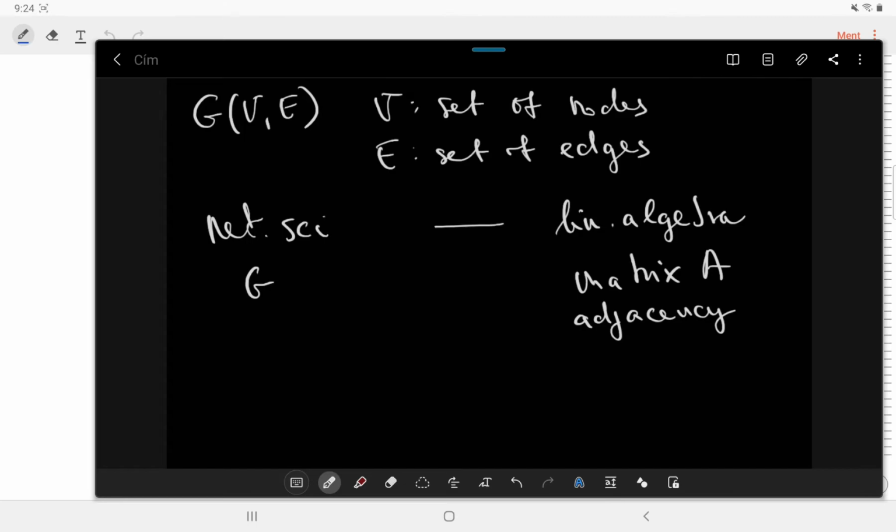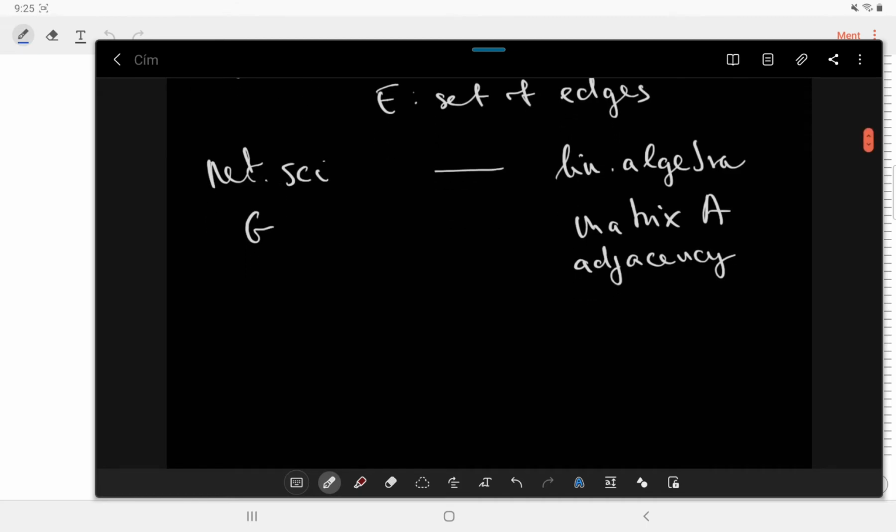But a very natural correspondence between a graph and matrices is the concept of the adjacency matrix. Now, you remember the definition, so I don't want to repeat it, but that is actually a very interesting scenario, because we are wondering if we can state all the theorems in graph theory in the language of linear algebra.